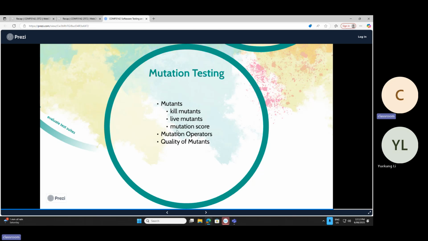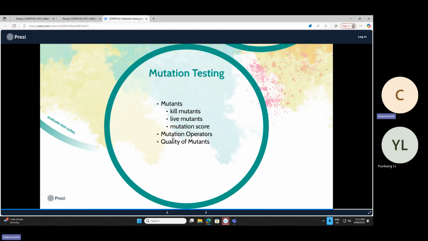And we can use mutation operators to create mutants. We can use these mutation operators to simulate errors that could be made by the developers during development to create these variations of programs. And actually, these mutation operators determine the quality of the mutants, right?